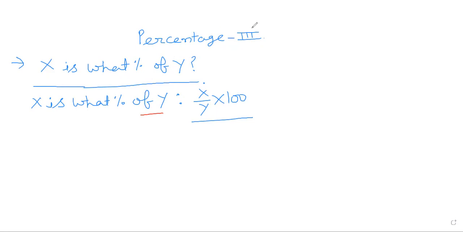So here, write a note. Here Y is the base quantity.